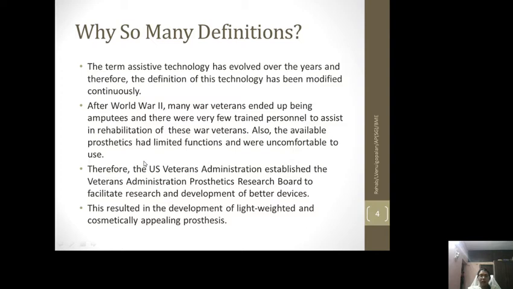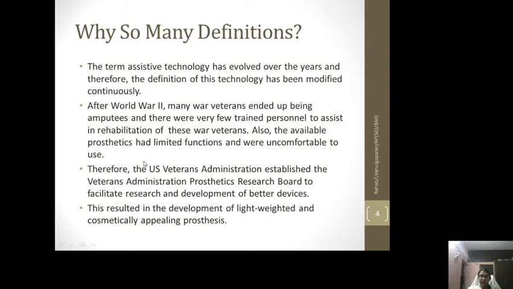So the US Veterans Administration established the Veterans Administration Prosthetic Research Board, which facilitated the development and research of better devices. So now that money and manpower has been invested, the result was the development of lightweighted and cosmetically more appealing prostheses.